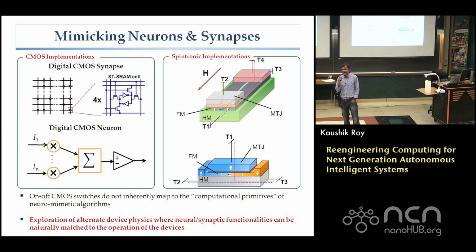They may not exactly be like the biological neurons, but they have interesting properties. The magnetization dynamics can potentially mimic the functionality of a neuron and a synapse using very simple-minded devices. So can I use it? And if I do, there are some interesting possibilities of getting improvement in not only area, but also energy consumption.